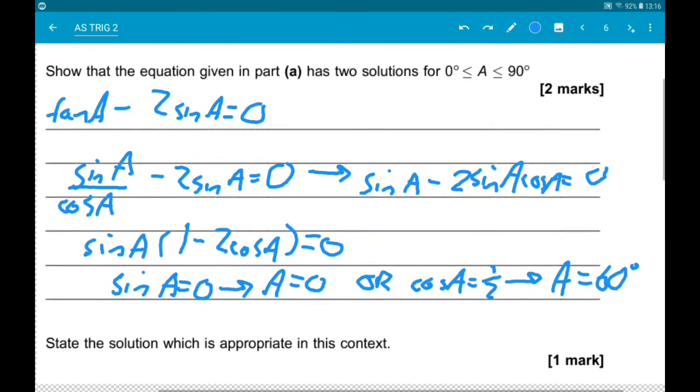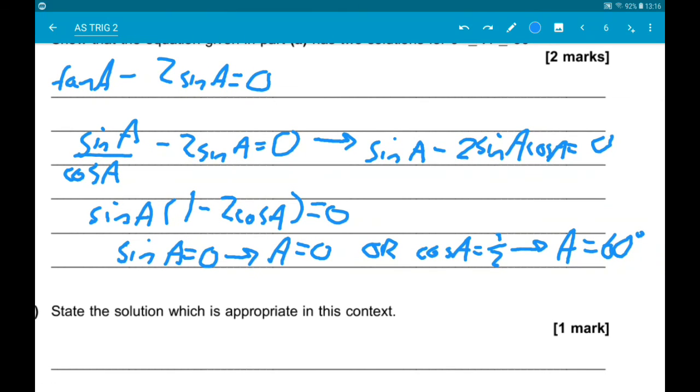Given part C, state the solution which is appropriate in this context. So A is an angle in a triangle. It cannot be 0, so it's 60 degrees.